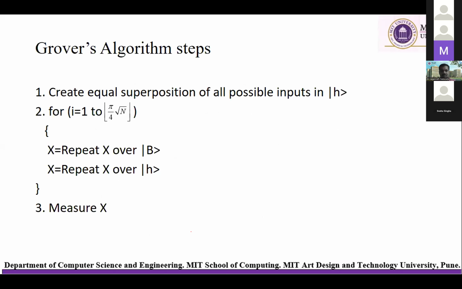Then execute these 2 operations repeatedly using a for loop, for i equal to 1 to pi by 4 times the square root of n. This pi by 4 factor is given by Grover's algorithm, and n is the number of records in the database.